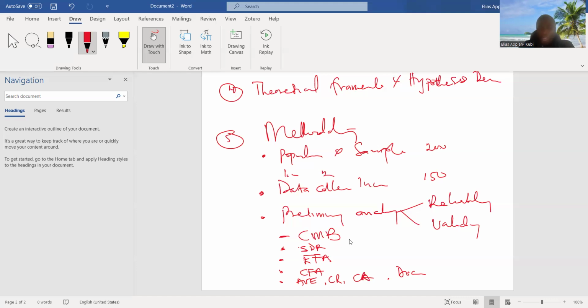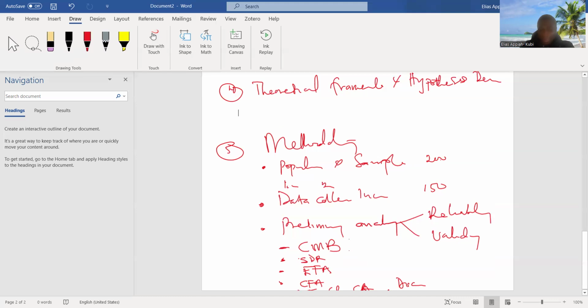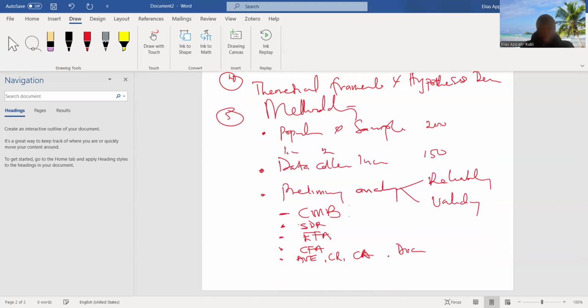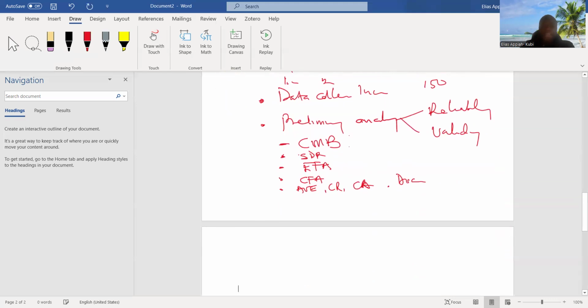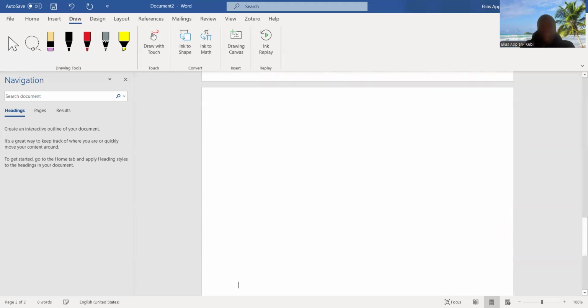Now, after conducting these analyses, there are some thresholds that must be met. So when we conduct this analysis and the thresholds are met, we can conclude that the data was valid and reliable. And how did we know? By comparing our results to the thresholds that are there.